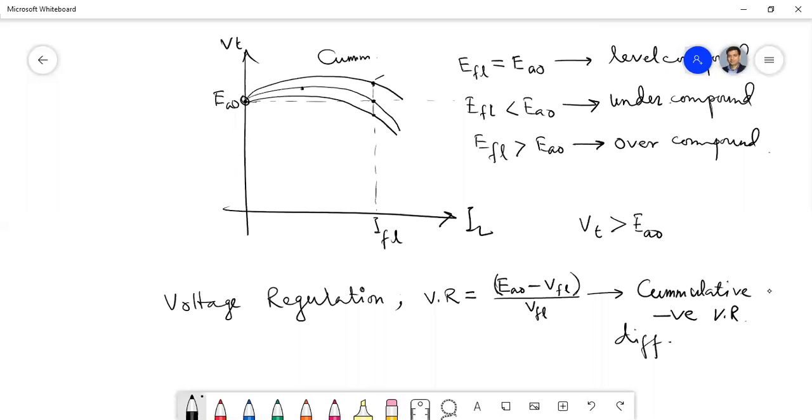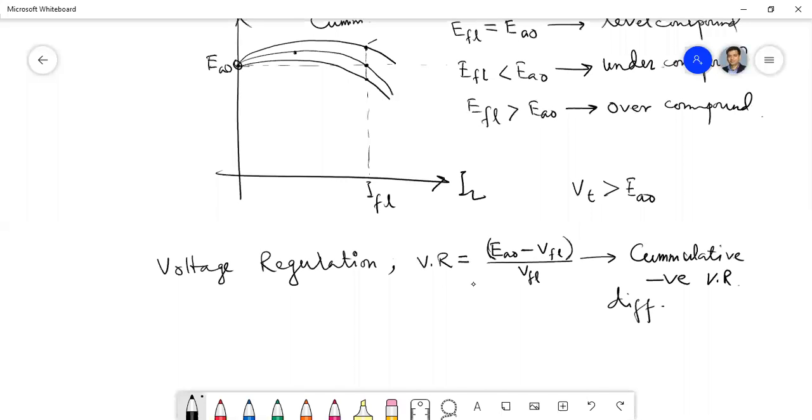Voltage drop is higher for the shunt generator. As I told you during the voltage regulation discussion in the transformer, voltage regulation is nothing but this term, the voltage drop: how much the voltage drops at full load or any loaded condition compared to its no load value.